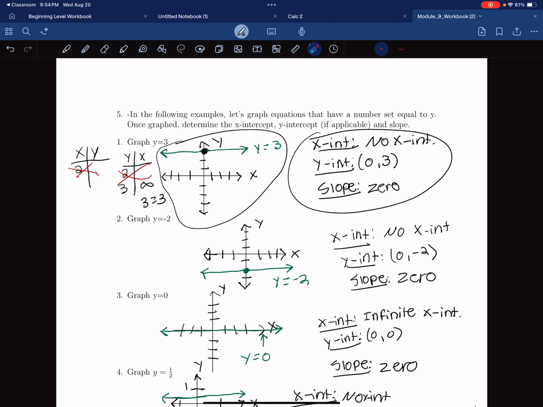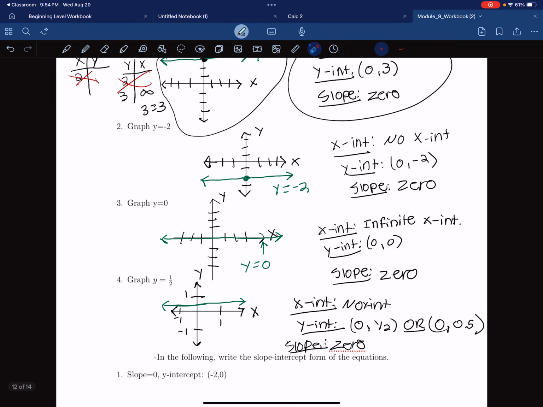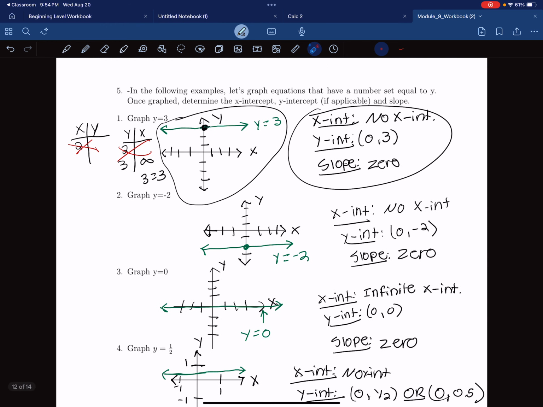And we're not going to have any x-intercepts, except for the only case that's not true, which is when we have y equals 0, where we'll have an infinite amount of x-intercepts because it's directly on the x-axis. And then we will always have a y-intercept at the value that y is set equal to.